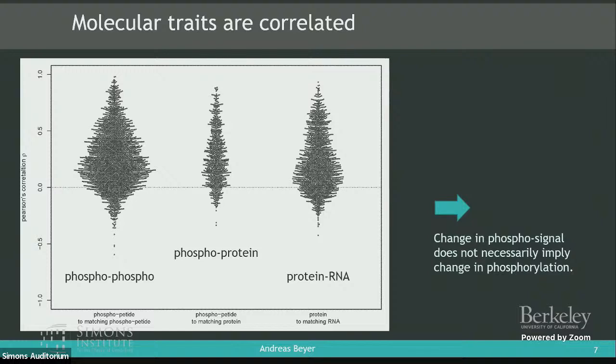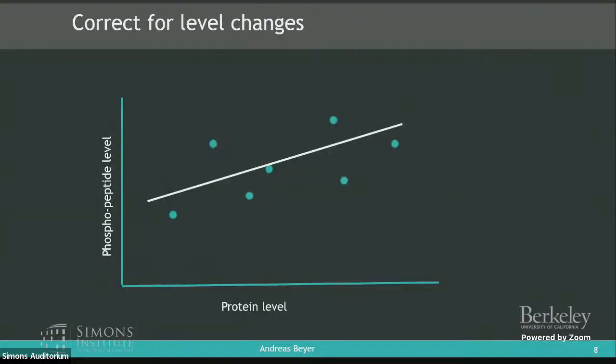So the way we did this was relatively simple. We just did regression. We regressed the level of a phosphopeptide as a function of the protein of which it is part. So here each dot would be 1 strain, and we're always looking at the same phosphopeptide across these different strains.